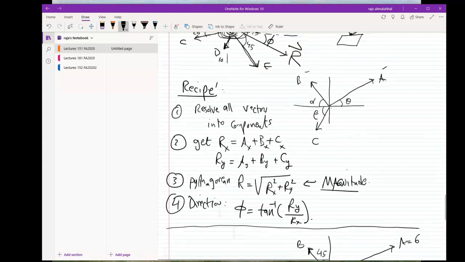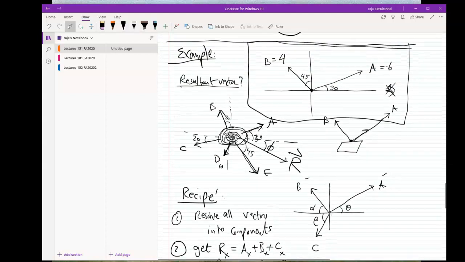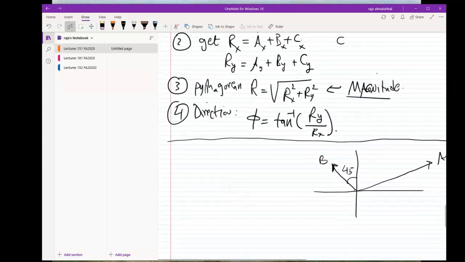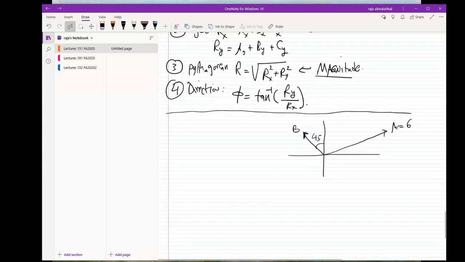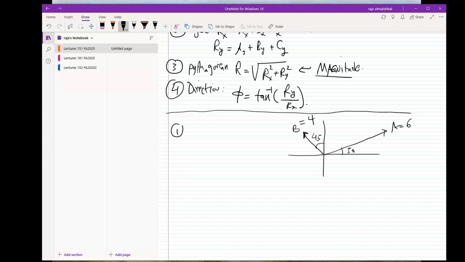Is this 6? 6, yes. The other one is 4. To move the screen, I actually put my hand on the screen and move it with my fingers. Anyway, this is 4, and that's 30. Okay. So now I'm going to use the recipe. First step, what does it say?